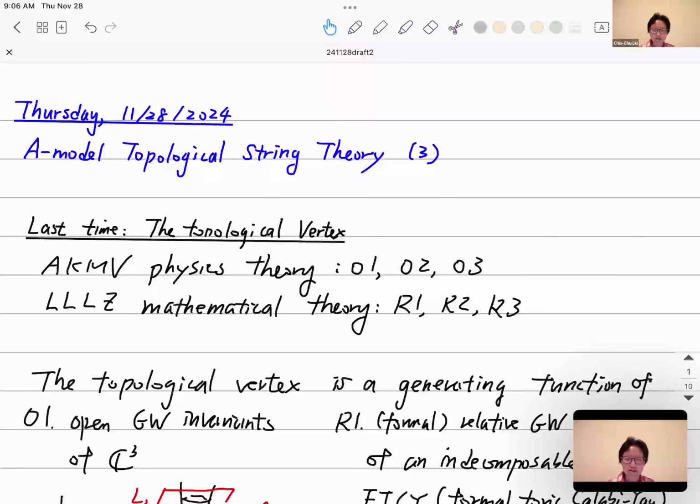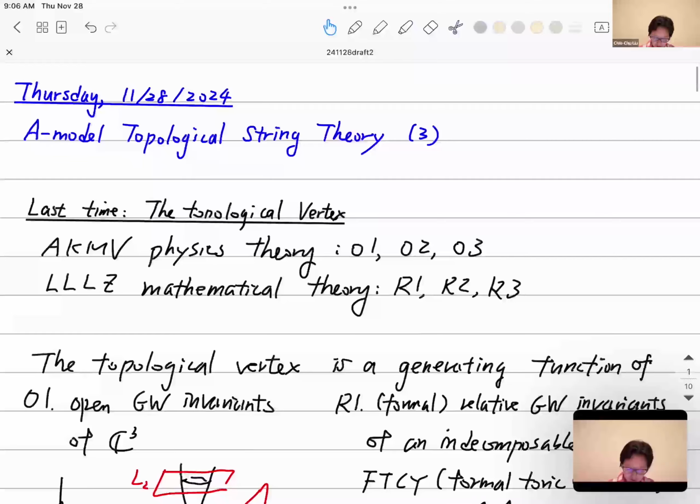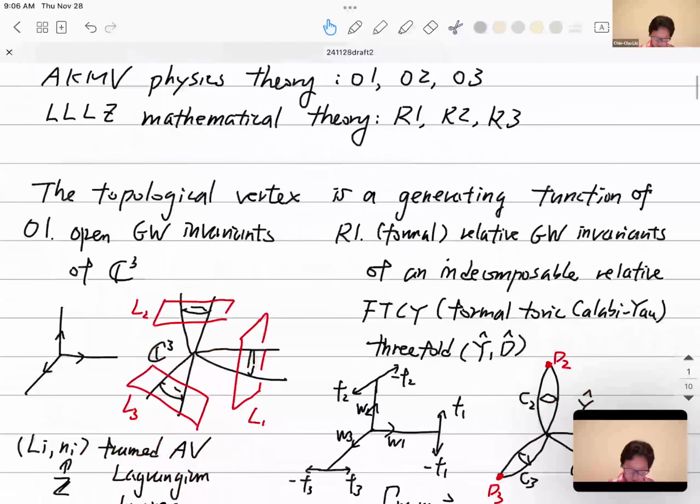And I described it in detail. The steps can be summarized as R1, R2, and R3, where R means relative. So let me recall the construction.